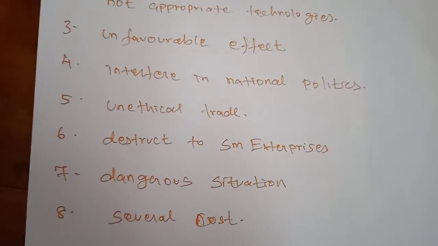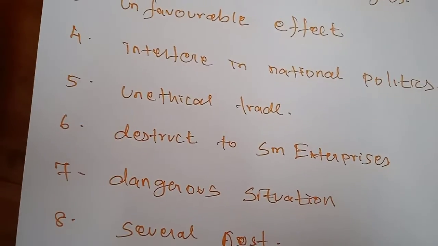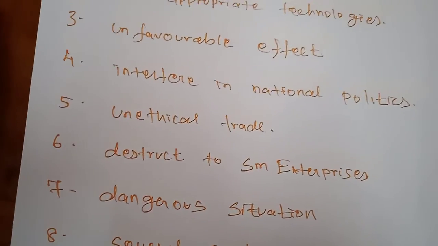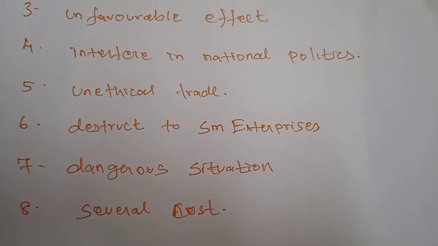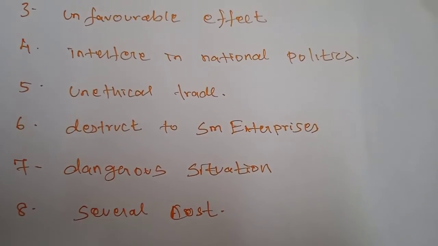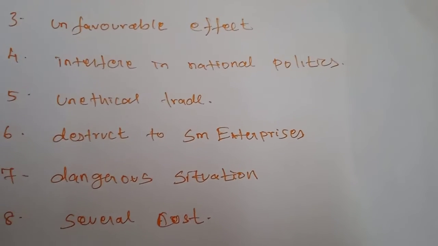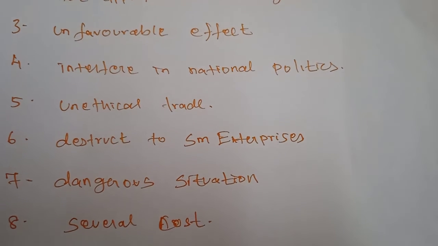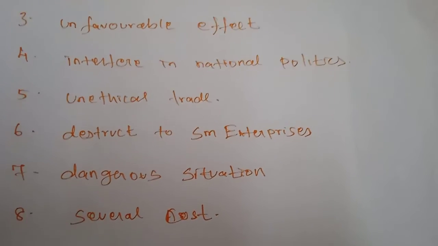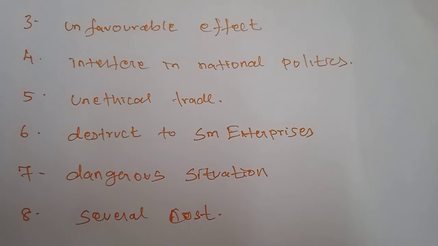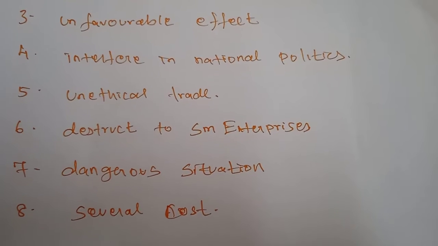Next, interference in national politics. Foreign capital sometimes interferes in national politics, because if you are allowing foreign investors, and if they become monopolists and gain dominance over the market, they will get the power to interfere in national politics.